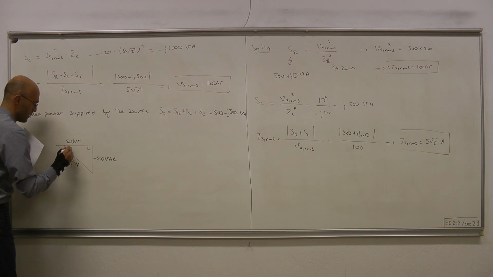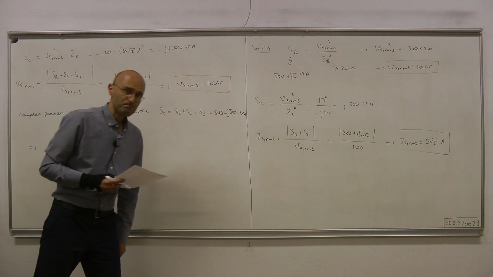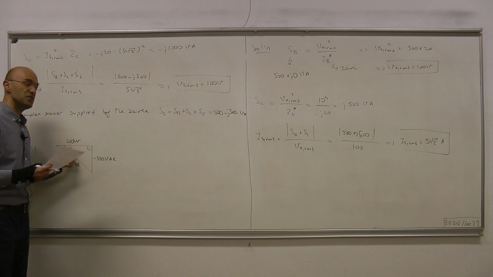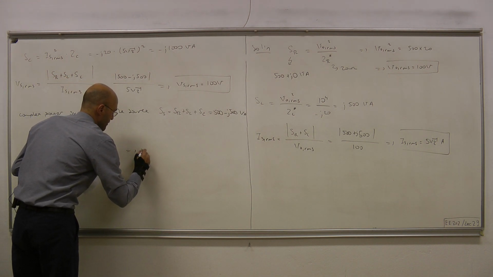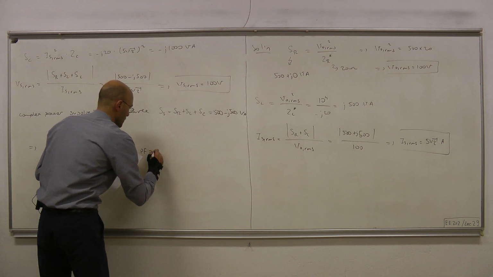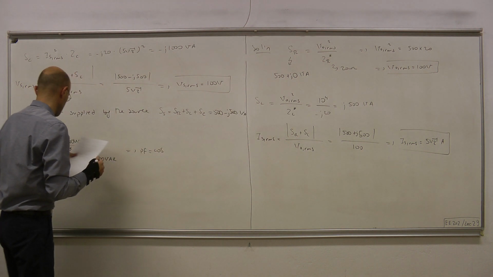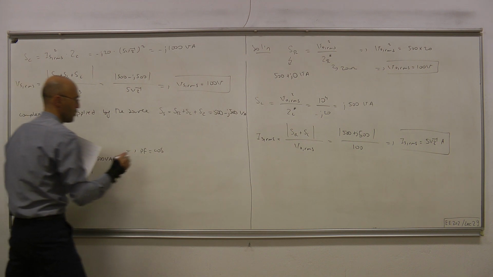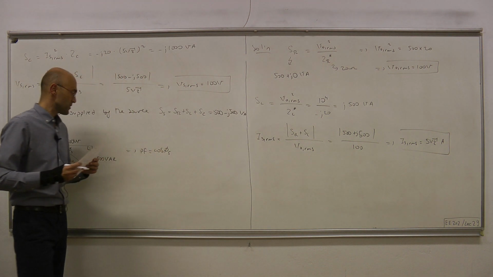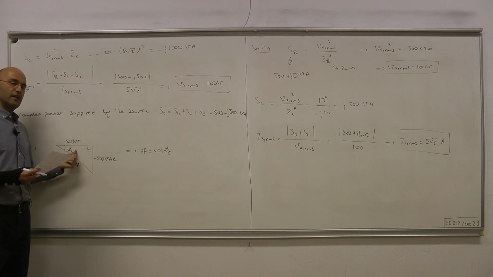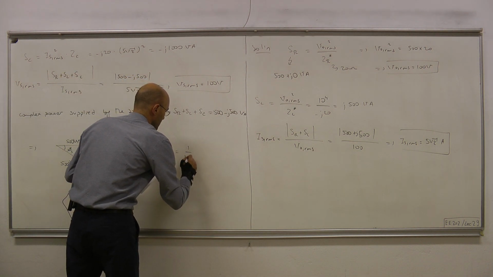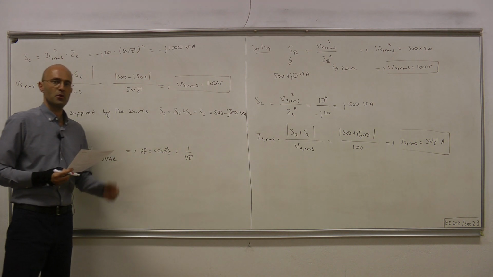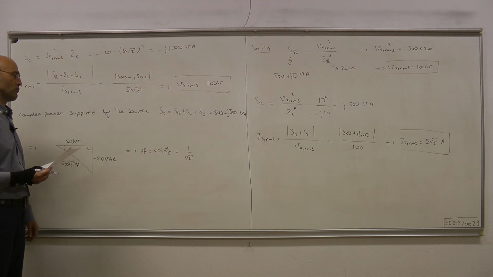And here we're after the cosine of this angle. So PF equals cosine, let's call it phi s. This is clearly 45 degrees, so that's 1 over square root of 2. So that's the cosine of 45 degrees, pi over 4 radians.